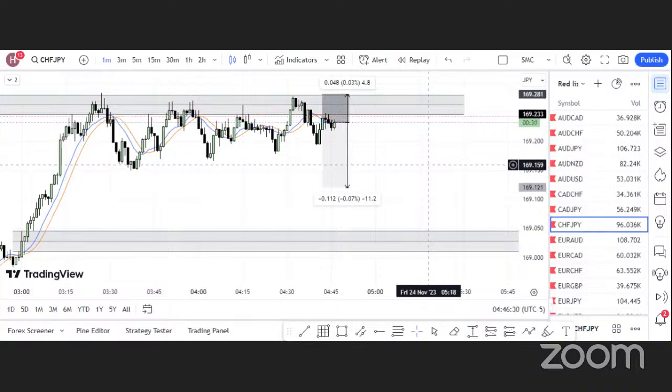So the market is still playing out. Hopefully it gives us profit.